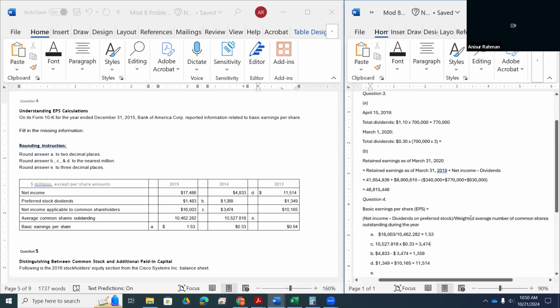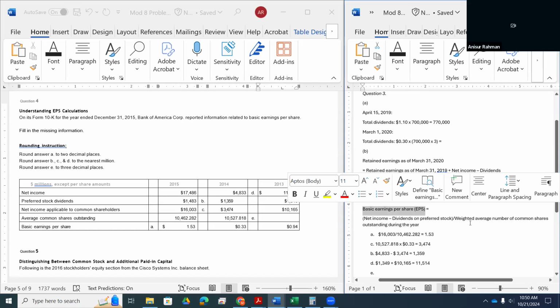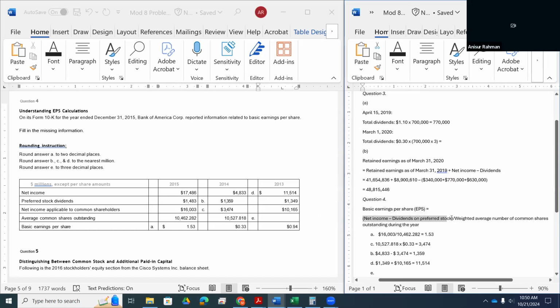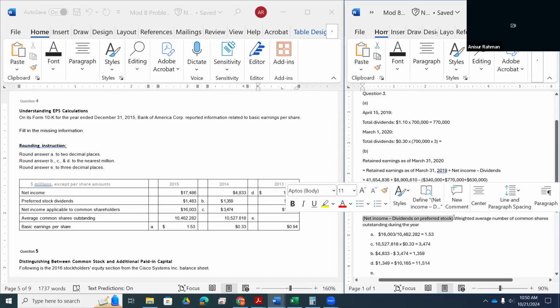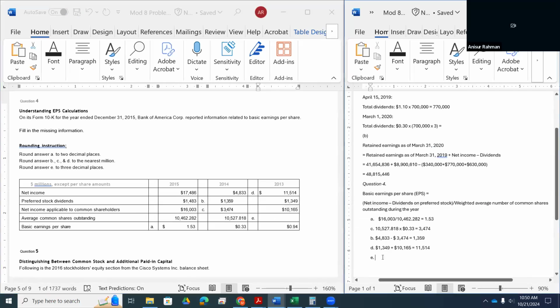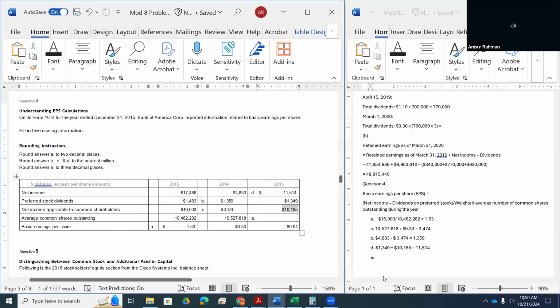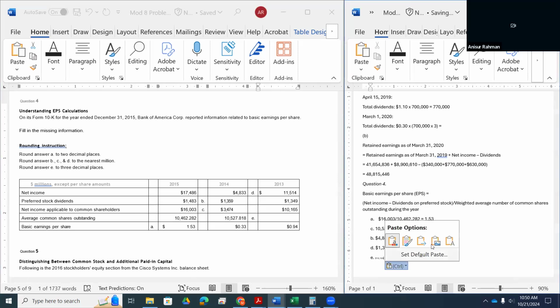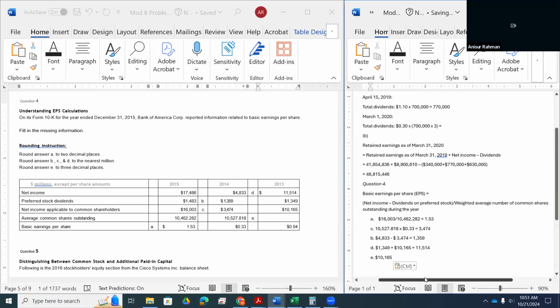So what we can do, we can swap this denominator on the right-hand side with this numerator on the left-hand side. And in this case, our numerator on the right-hand side is just our net income applicable to common shareholders. So it will be our net income applicable to common shareholders divided by our basic earnings per share.